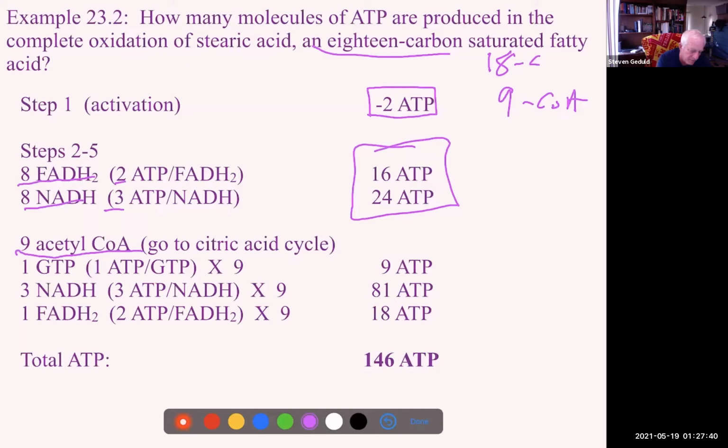Remember, every spin, we're going to have 12. For every spin, we have 12 ATPs produced. Remember, we get 1 GTP, 1 FADH2, and 3 NADHs. And we're going to spin that how many times? We're going to spin that 9 times.